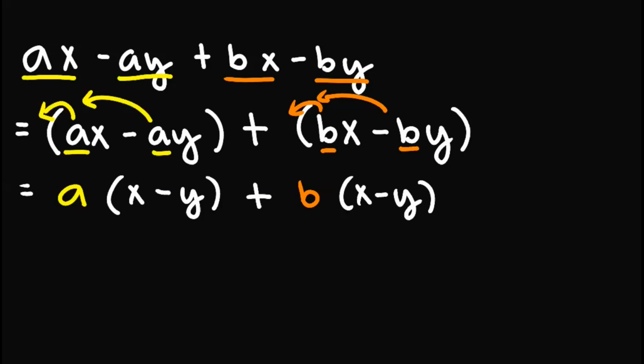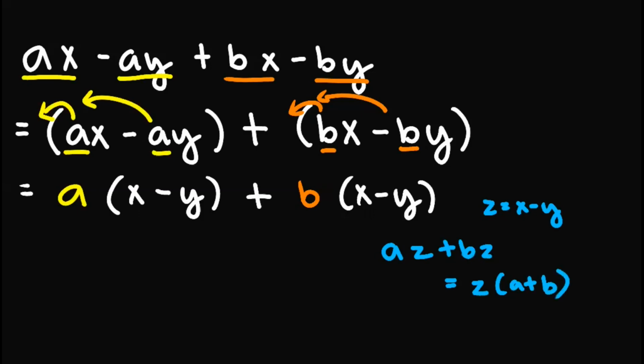Now from here, observe that the expressions that are left inside are the same. In fact, we can actually factor that one out. Since if we say we let z equals x minus y, then we'll have az plus bz, which we know will be z times a plus b.